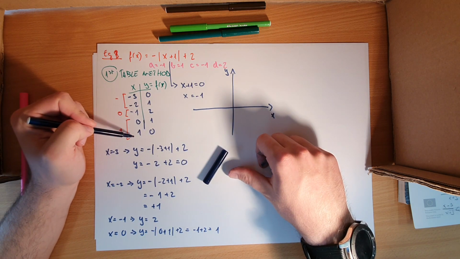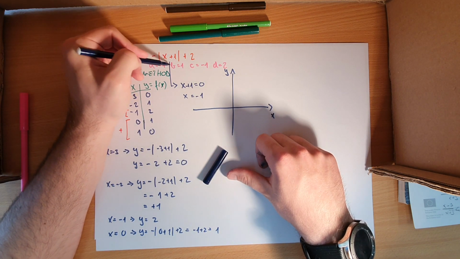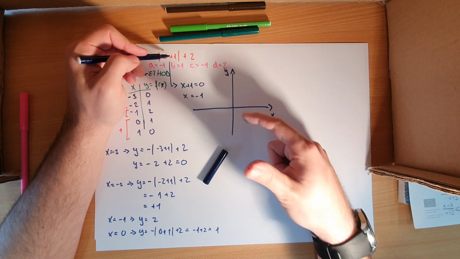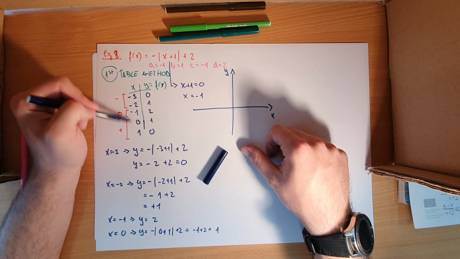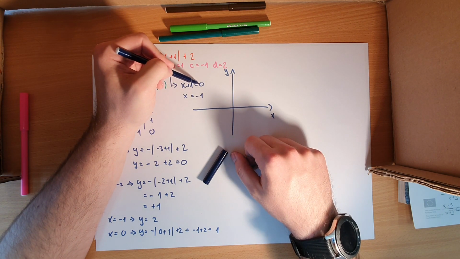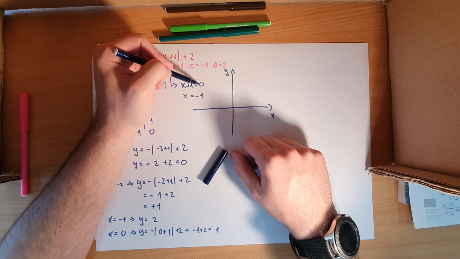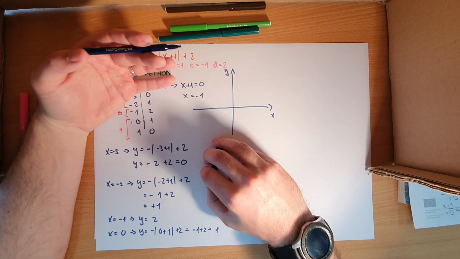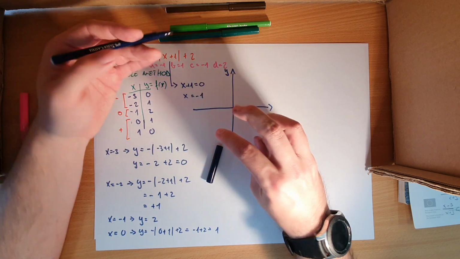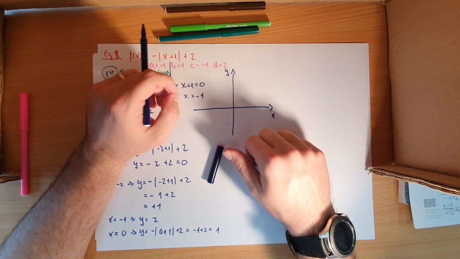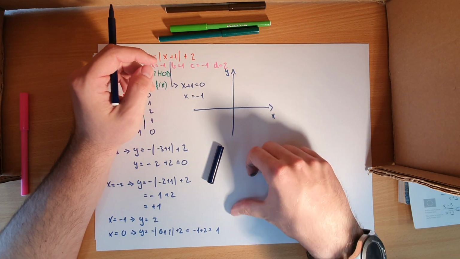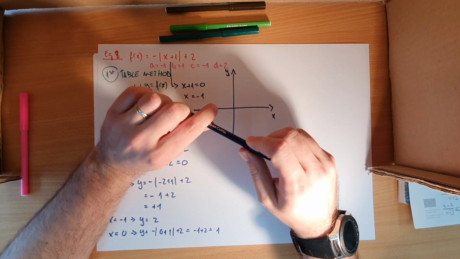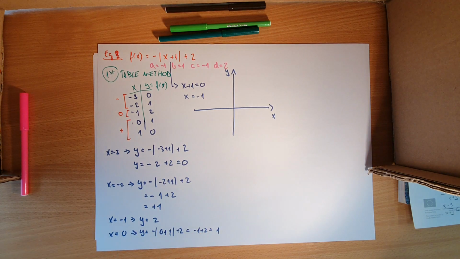Picking the values for the x's is always about what's going on inside of the absolute value. Inside of the absolute value, as a result, you're going to have positive, 0, and negative numbers. This is how we got them. Usually we go through the neutral, getting the 0, and then we are certain that lesser or greater numbers are going to result in positive and negative solutions inside of the absolute value. So when you apply the absolute value, you're going to get everything that you have to. But it is also good, and I really like it, and I do use it even today sometimes.